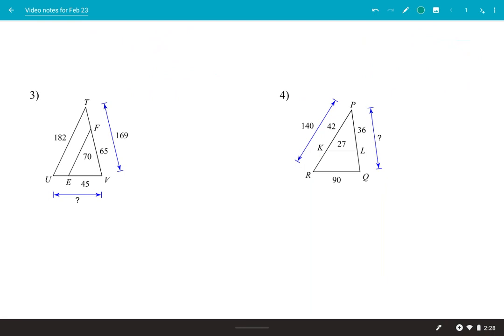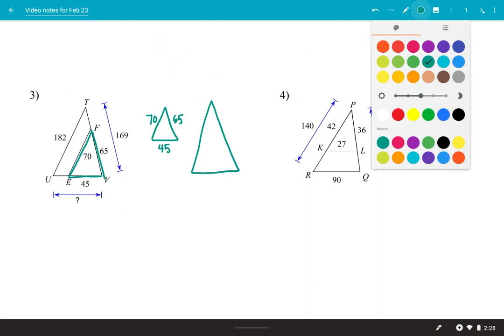Now, like I said in class, I hate it when they go one on top of the other. So what I'm going to do is I'm actually going to separate them. I'm going to take my small triangle, and I'm just putting them in the same order, and my large triangle. So here's my small one. I'm going to get 70, 65, and 45.